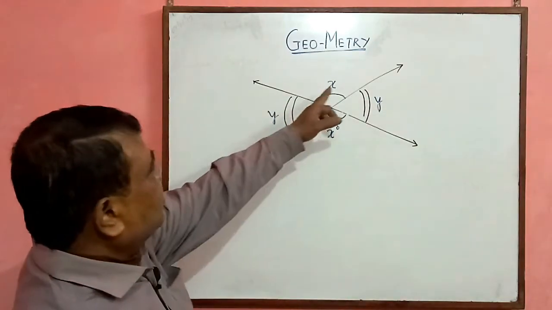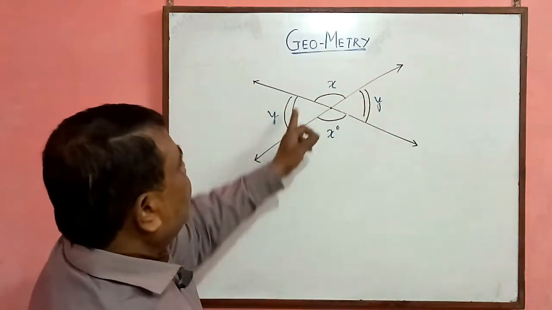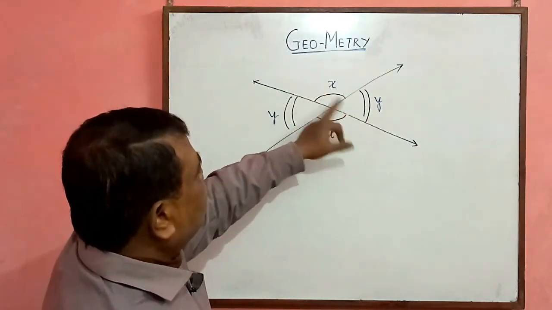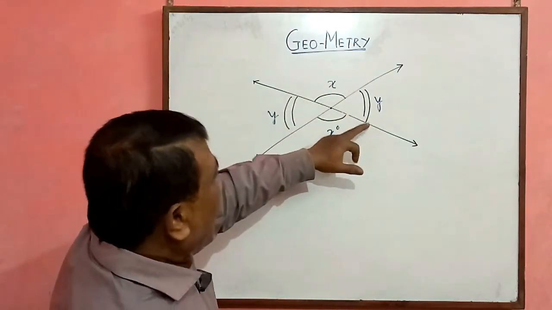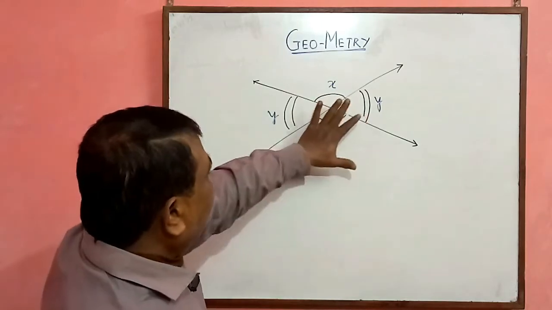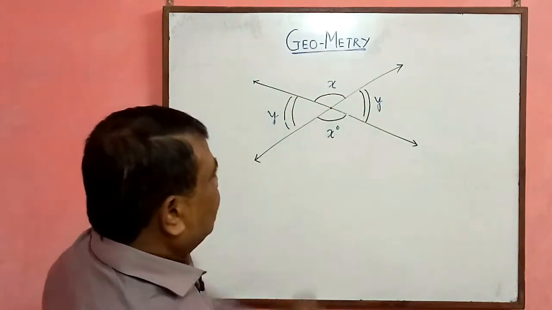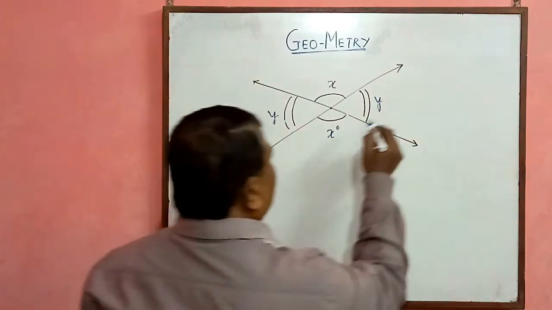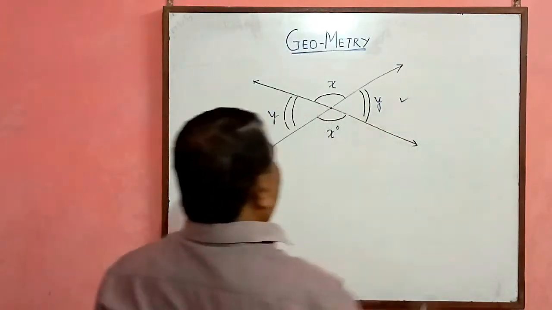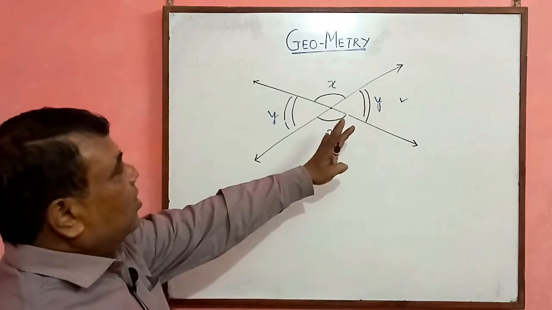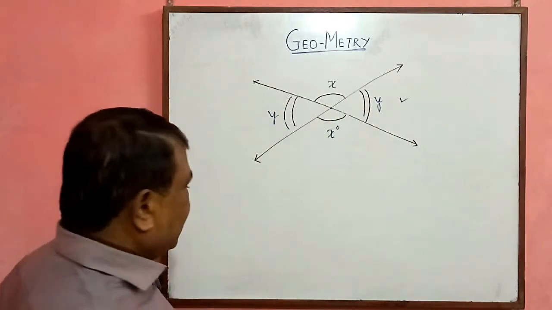Everywhere you see x plus y, it is a line, 180 degrees. So this way I have proved that x is equal to x, y is equal to y. This is your fundamental knowledge of two lines intersecting.